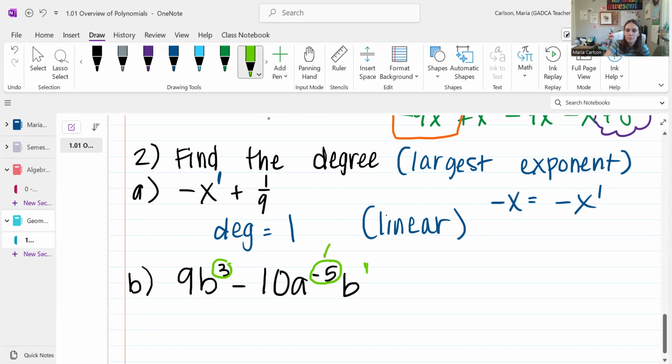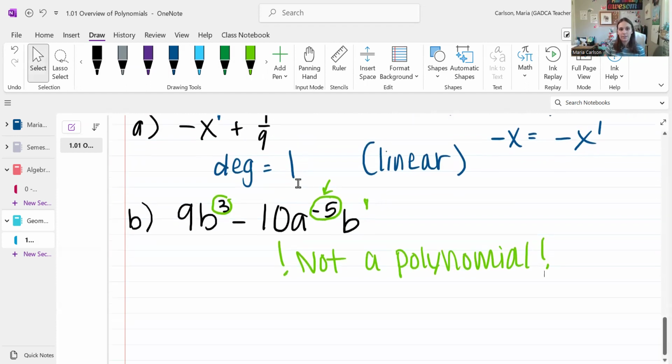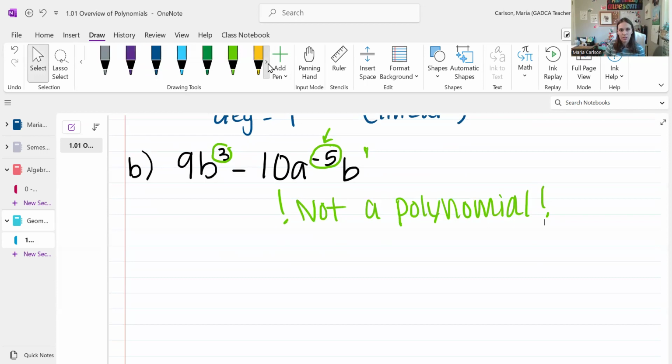Now, can polynomials have negative exponents? No. So this is not a polynomial. Because we have that negative exponent. This negative 10a to the negative fifth power times b, that makes it not a polynomial. So we are not going to find the degree of that because it's not a polynomial.